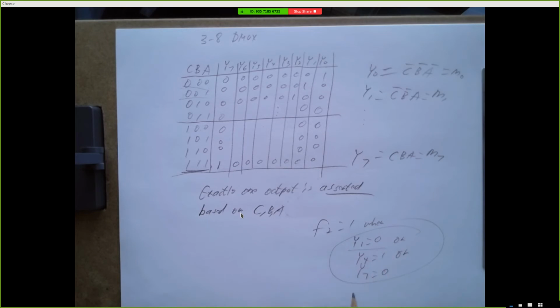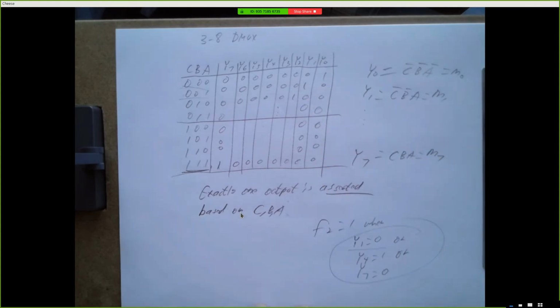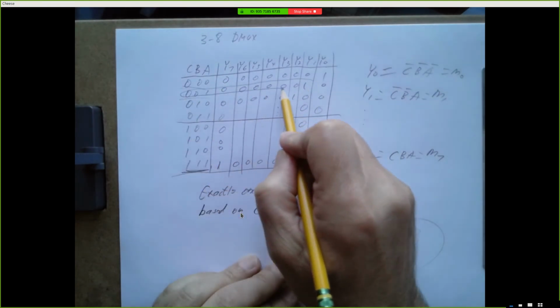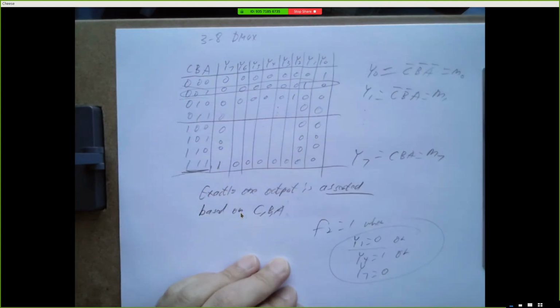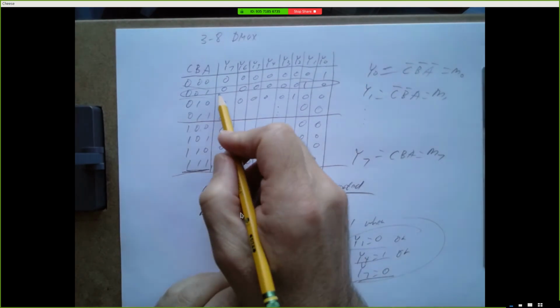Well, let's look at Y1. Y1 is 0 almost all the time, right? Here, here, here, all of these, Y1 is 0. The only time Y1 is non-zero is in this second row. And in that second row, Y4 is not 1, but Y7 is a 0.